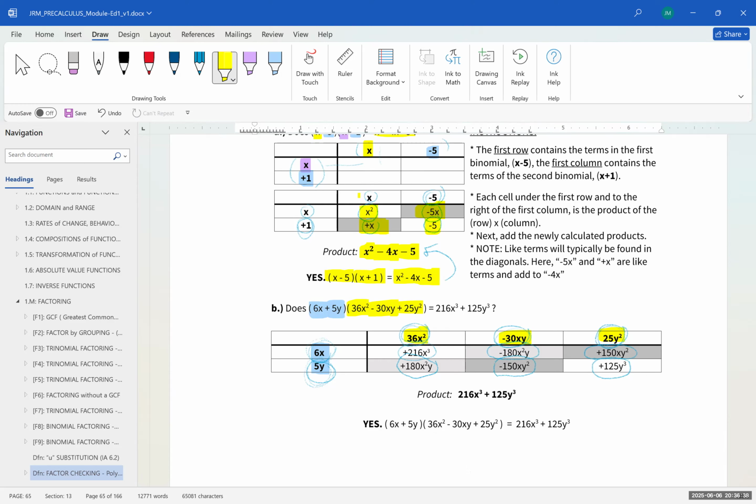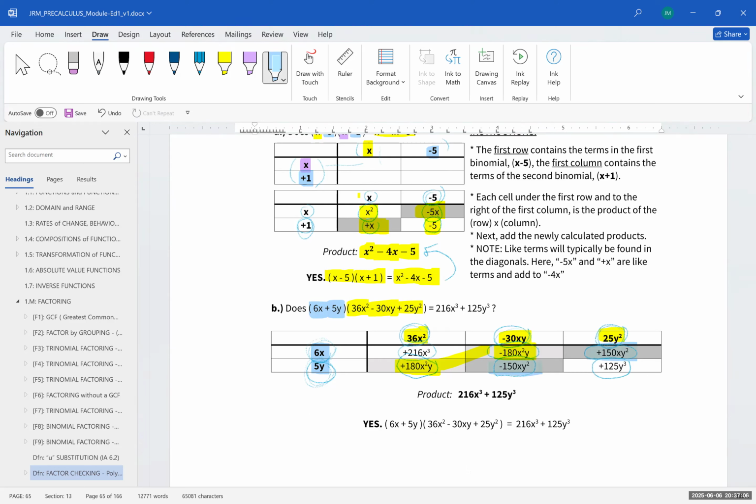Now look at this. Across the diagonals, we have our like terms. So we have 180x squared y and a negative 180x squared y. Those are going to cancel out. And then look across these other two diagonals. We have a negative 150xy squared. That is a like term with this positive 150xy squared.